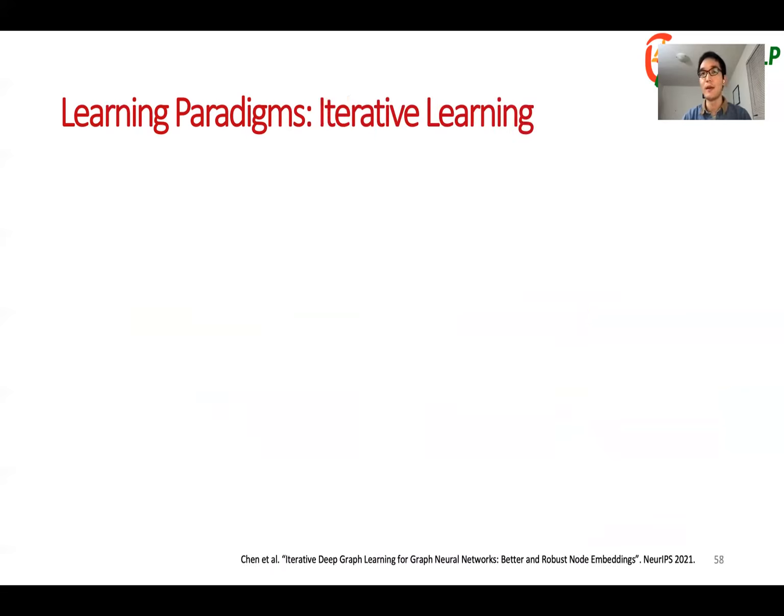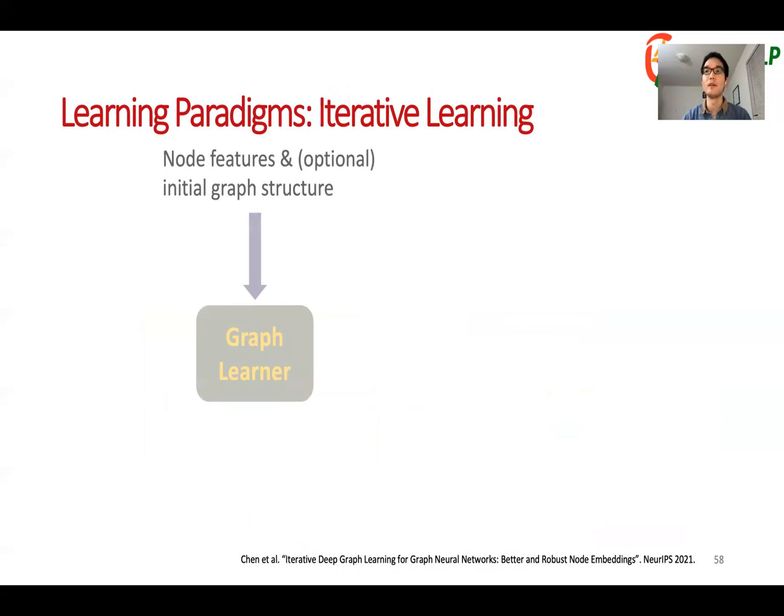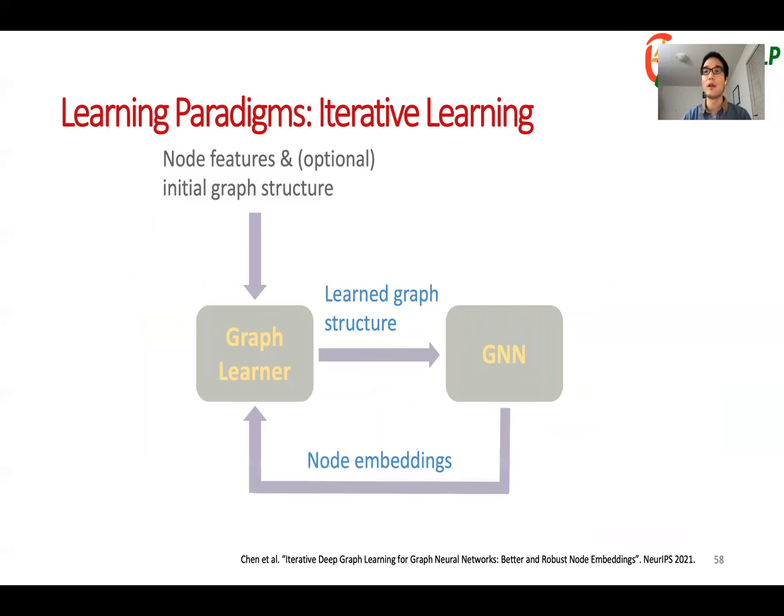Unlike the above two paradigms, recent work proposed an iterative graph learning framework by learning a better graph structure based on better graph representations, and in the meanwhile, learning better graph representations based on a better graph structure in an iterative manner.